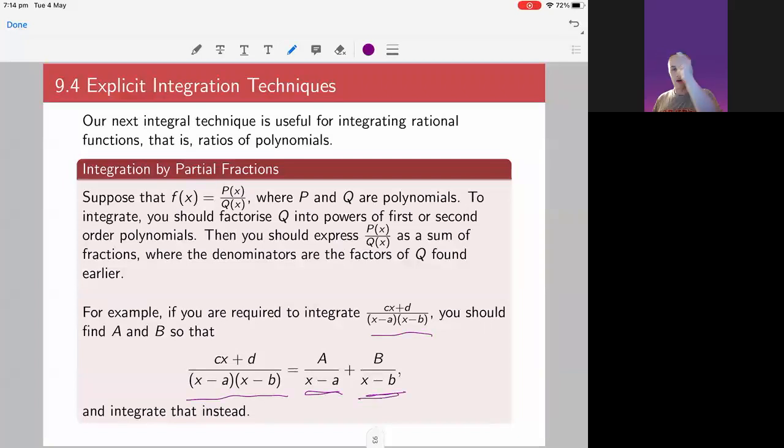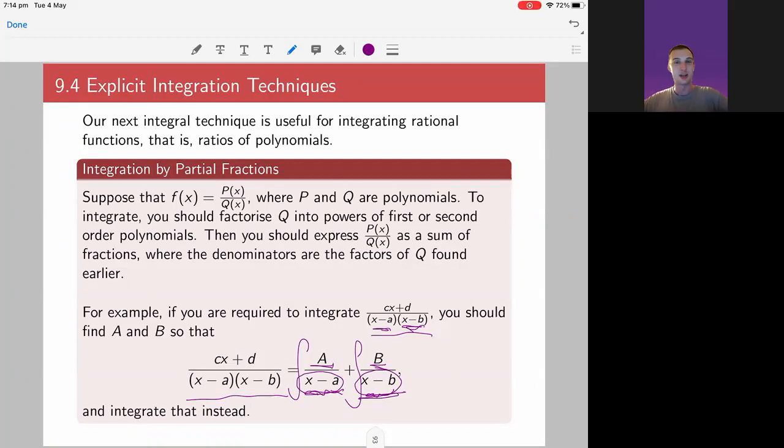These fractions are going to be ratios of polynomials, but the important thing is that what's on the denominator are just these same terms. The idea then is to try and find what these capital A and B numbers are, because once you've done this, these integrals are much easier to find. They're just going to be logarithms. So this is roughly speaking how integration by partial fractions goes down.